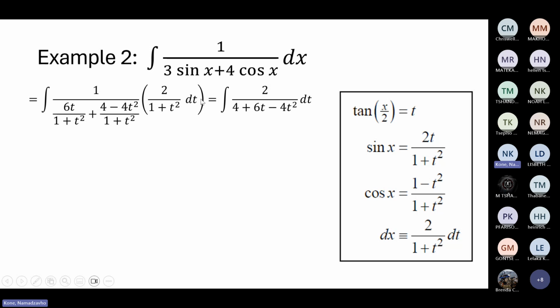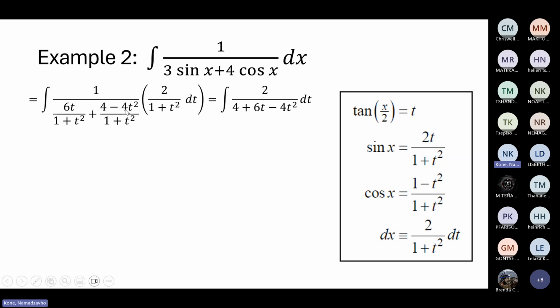And everything is multiplied by 2 over 1 plus t squared dt, which is our dx. Then this 2 multiplies this 1, and you get this 2 there on top. And the 1 plus t squared multiplies this, and this divides that, and you are left with 6t only, which is that one.